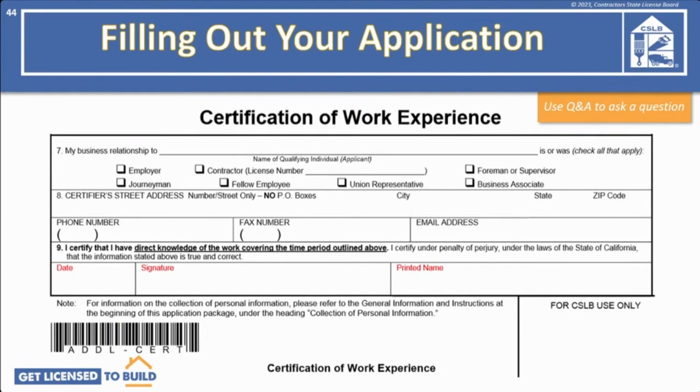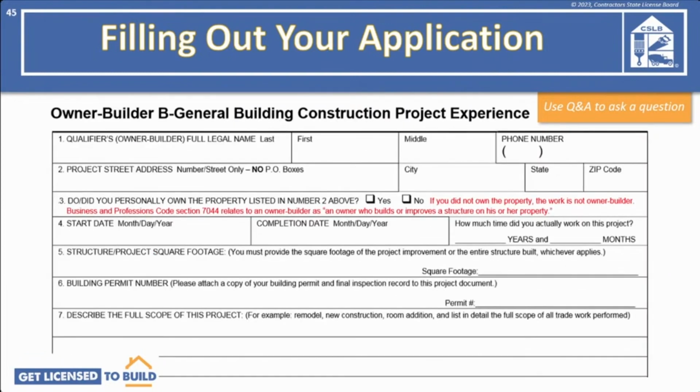The next form we will discuss is the Owner Builder B General Building Construction Project Experience form. This form only needs to be completed if you're applying for a B General Construction license and you want to receive experience credit for working on projects on your own property. A separate form is required for each project. The experience must be verifiable through building permits, final inspections, and other documentation.